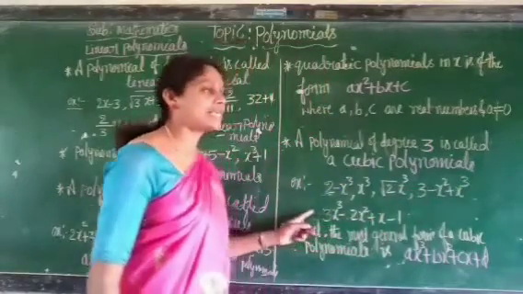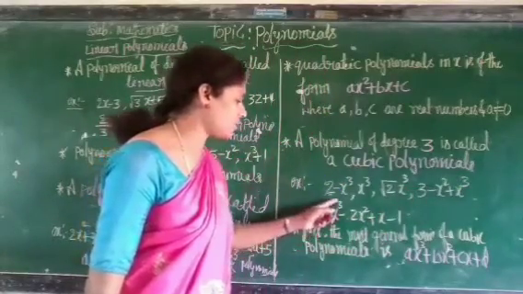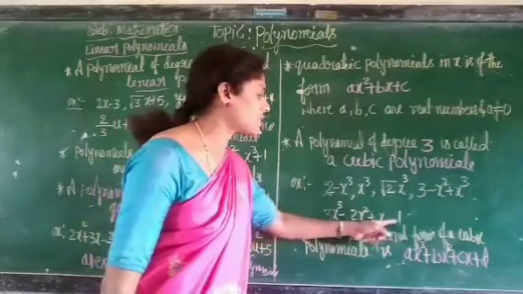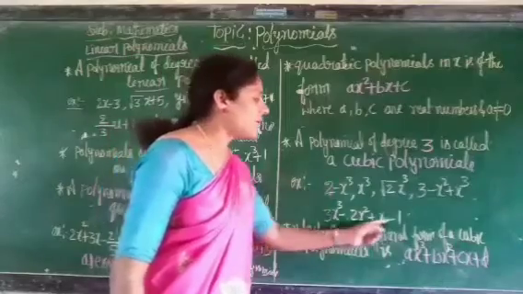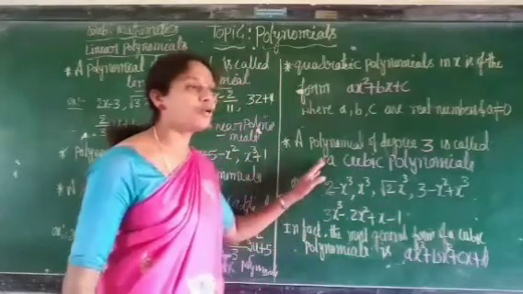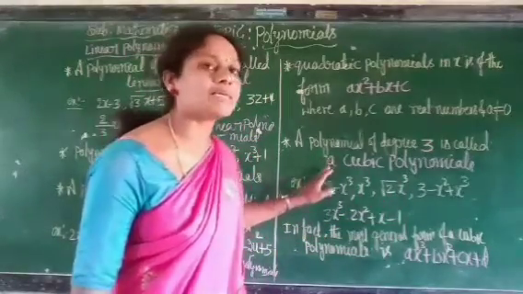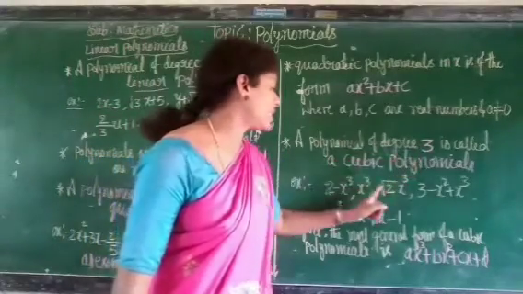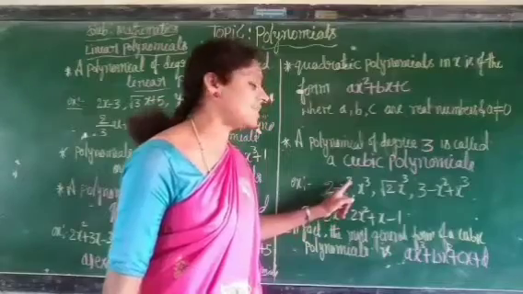The last example is 3x cube minus 2x square plus x minus 1. These are examples of cubic polynomials because their degree is 3. In the first example, the degree is 3.